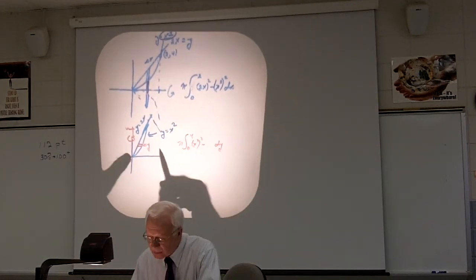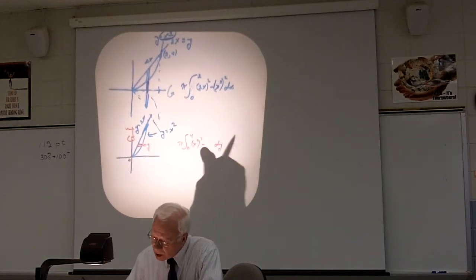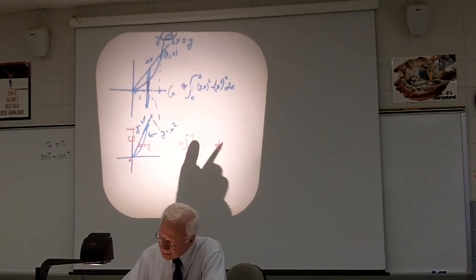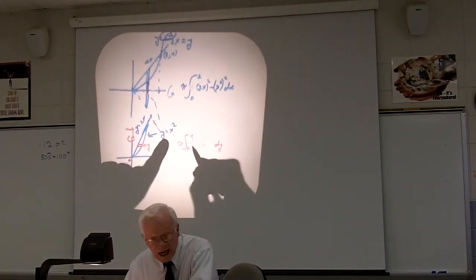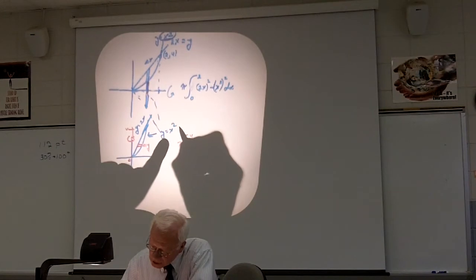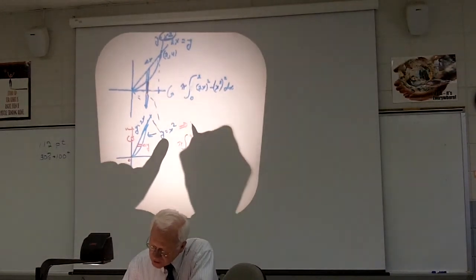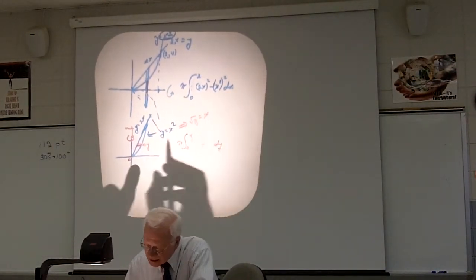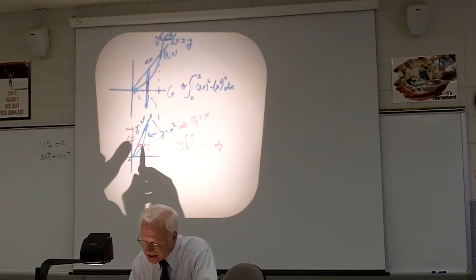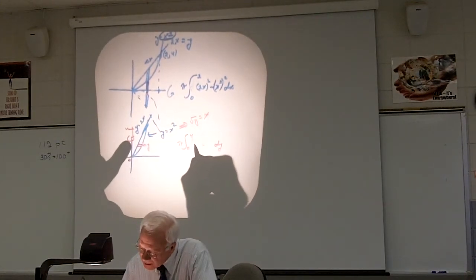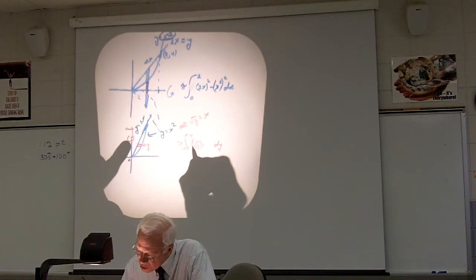Oops, that's not x squared. We have to have y's in here, not x's. So the square root of y equals x, and this is the x distance. So this is going to be the square root of y, squared.